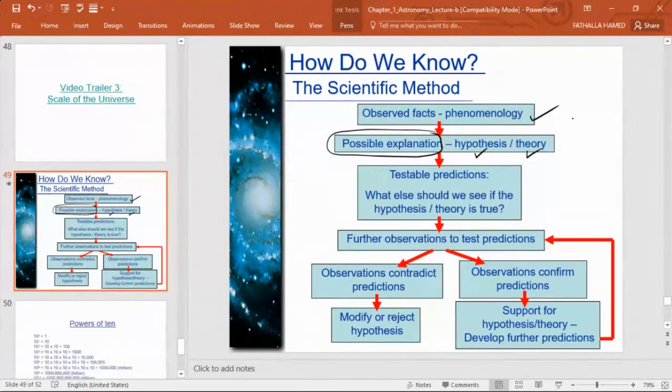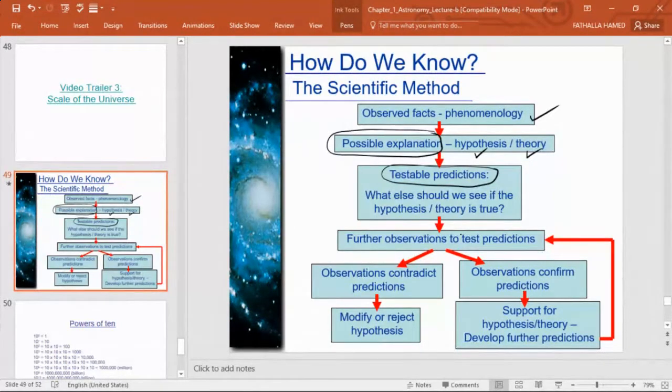Of course, we have to test this hypothesis or theory. So we say, if this is right, the theory will predict this. So we have to have what we call testable predictions to see if the hypothesis or the theory is correct.